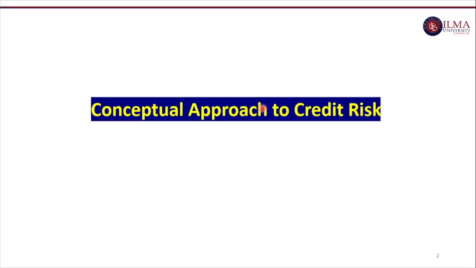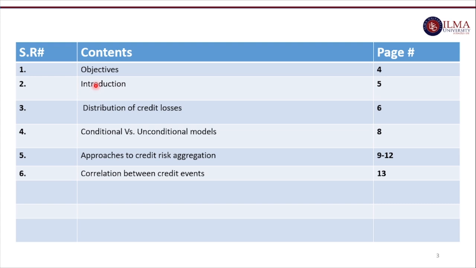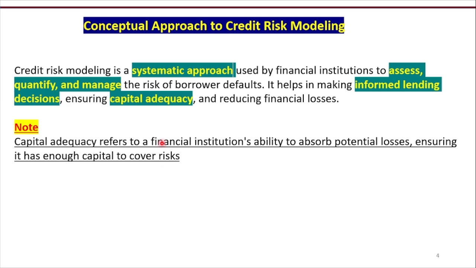Before wasting time, let us move toward the topic. In this topic we have to cover all the things about the conceptual approach to credit risk. This is the content of this chapter: the objectives, introduction, distribution of credit losses, conditional versus unconditional models, approaches to credit risk, aggregations, and correlations between credit events.